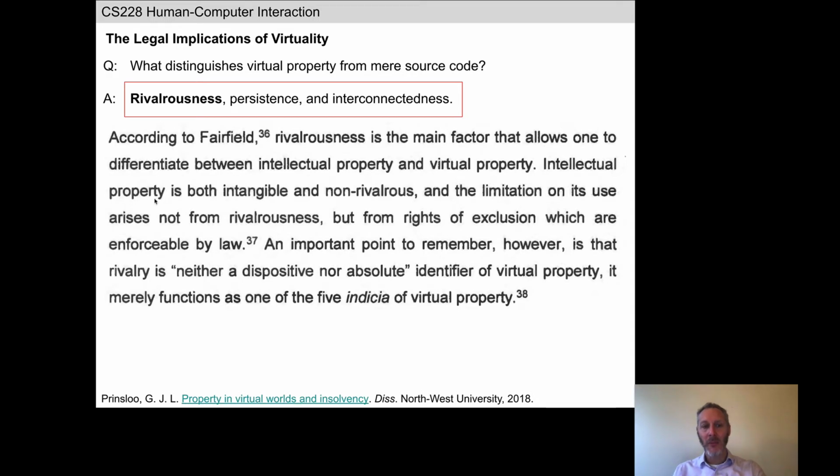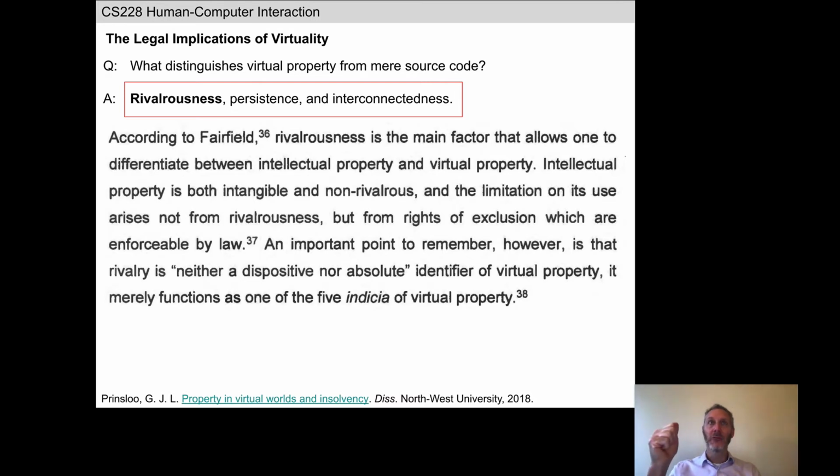So intellectual property is intangible, like virtual property is, but it's non-rivalrous, meaning multiple people can use intellectual property at the same time, or have ownership over it, or have legal access to it, unlike virtual property. So you can limit the use of intellectual property through rights of exclusion, but that's enforceable by law, but that's a separate issue here. Okay, so one person owns, uses, accesses at a time.